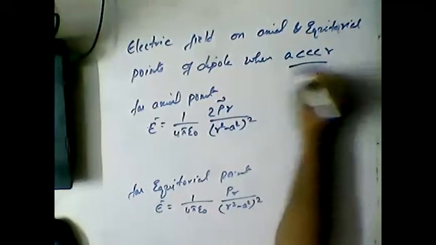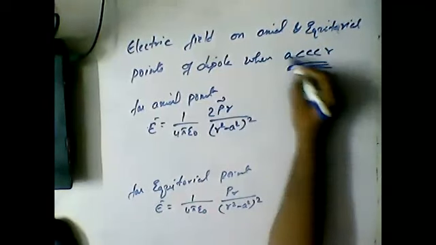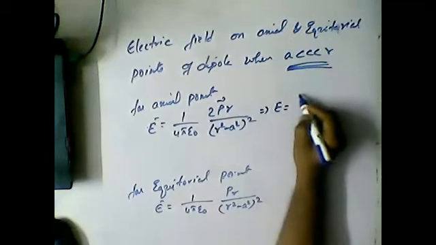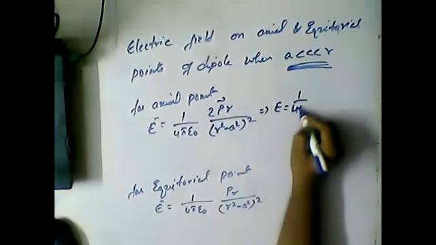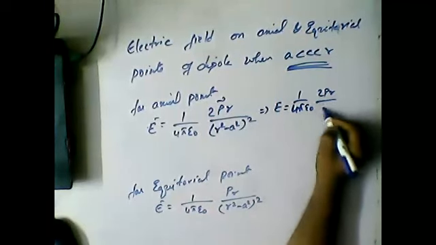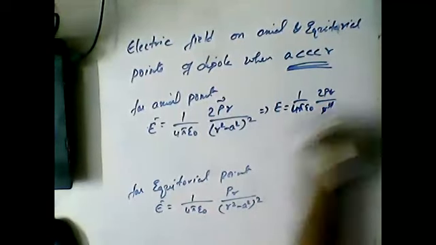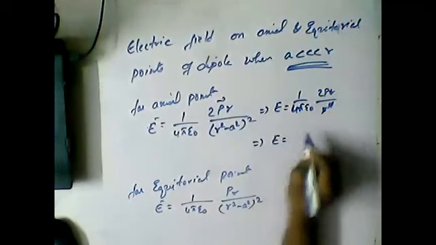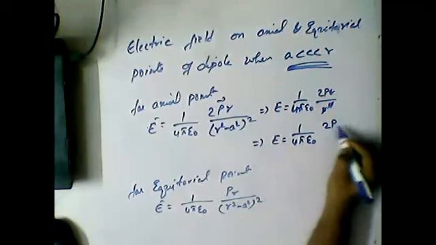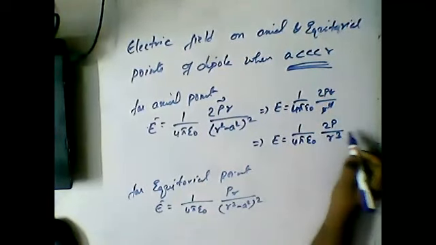For a very less than r, we can neglect the a, so it will be E bar is equal to 1 by 4 pi epsilon 2 p r by r power 4. It will get cancelled, and ultimately what we are left with is E is equal to 1 by 4 pi epsilon 2 p by r cube.